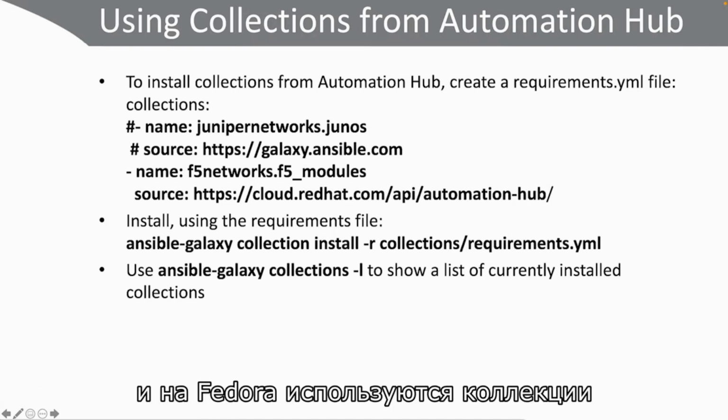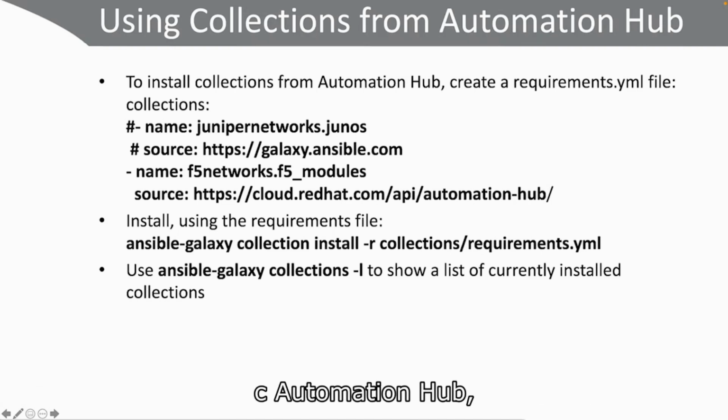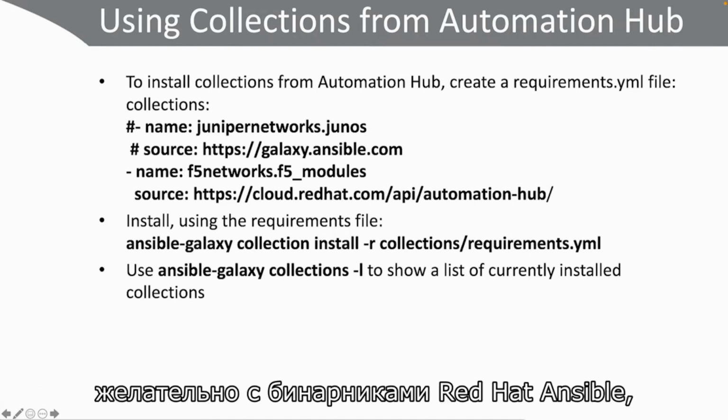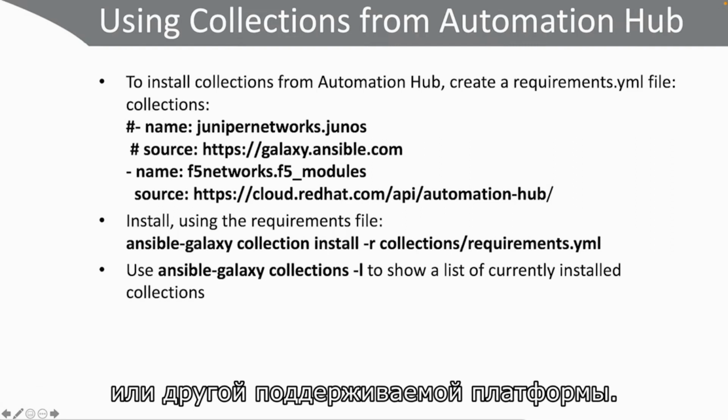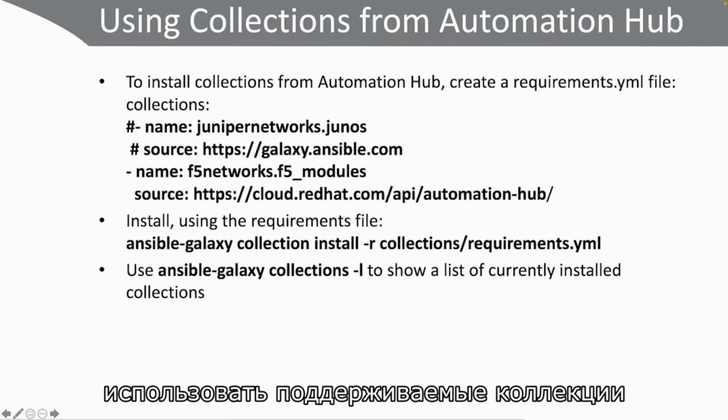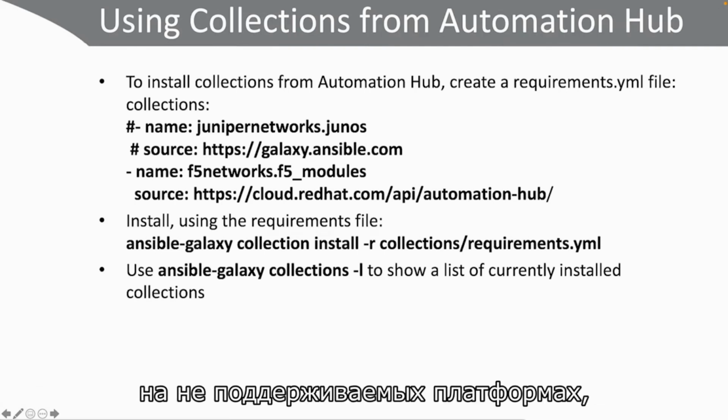And on Fedora, using collections from Automation Hub, that's not really going to bring you a supported environment. The idea is that you do it in a completely supported ecosystem, preferably with the Red Hat Ansible binaries on some supported platform as well. Although this is opening an option to use supported collections on an unsupported platform.